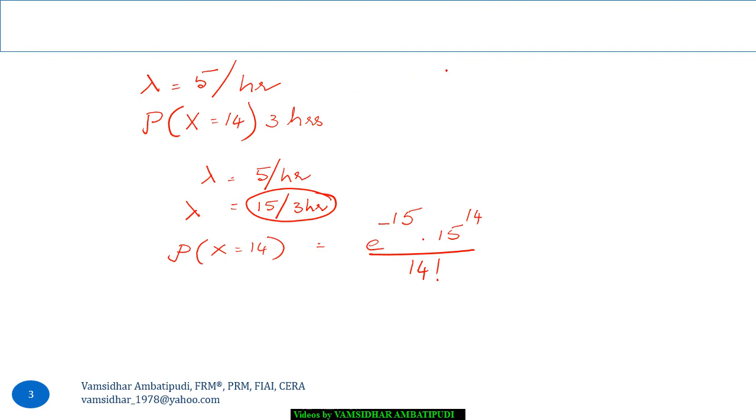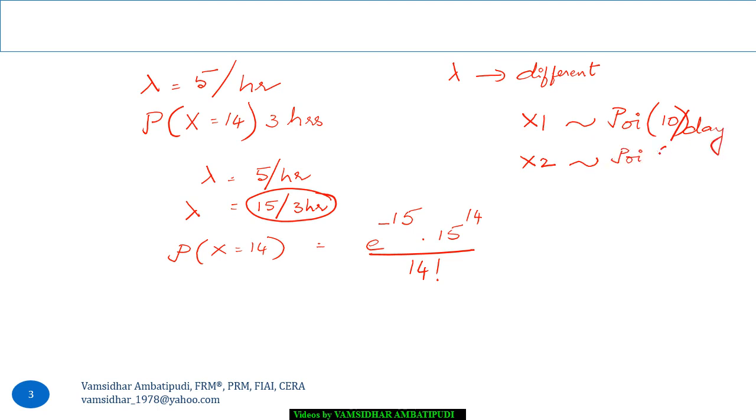And even if the lambdas are different, let's say I am talking about two companies X1 and X2. X1 is getting calls, let's say following a Poisson distribution with a lambda of 10 per day, and X2 is getting calls at the rate of 15 per day.